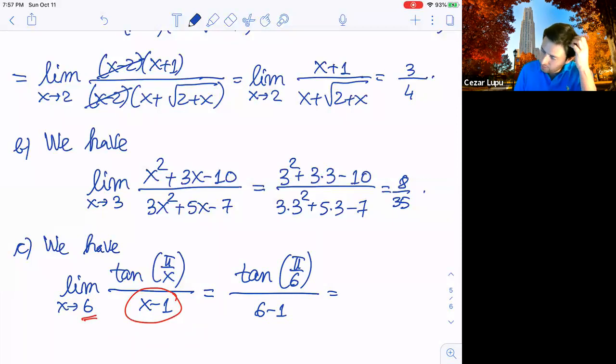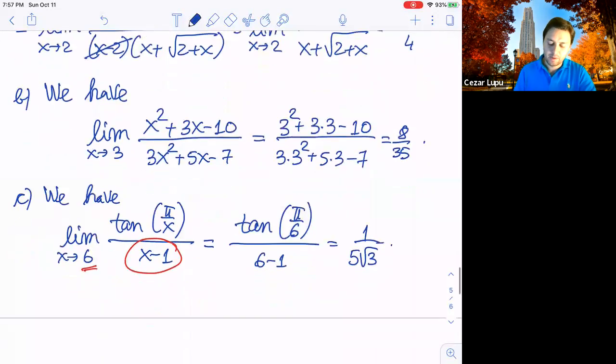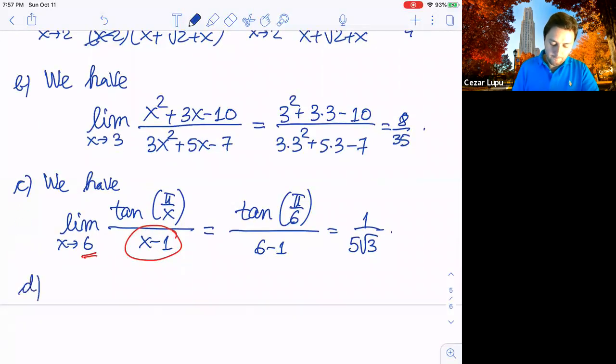If you go back to the trigonometric table that we have talked about in the first or the second lecture, it was nothing else than just 1 over square root of 3. So it will give us 1 over 5 square root of 3. And that's it.